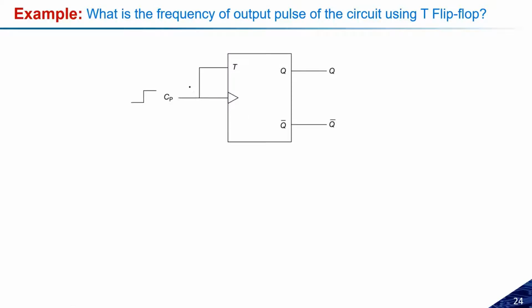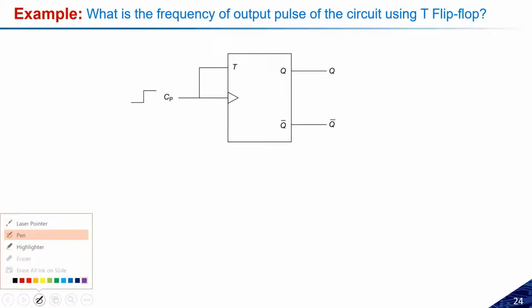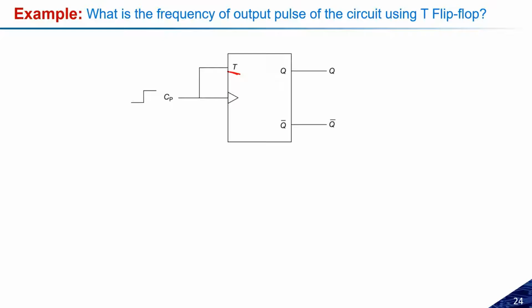Now what is the problem? The problem is: what is the frequency of the output pulse of the circuit using the T flip-flop? So I need to find out what the output frequency is. Okay, so let us try to see here. I know that to get Qt plus 1, I need to use the characteristic equation of the T flip-flop, because the T flip-flop is given over here.